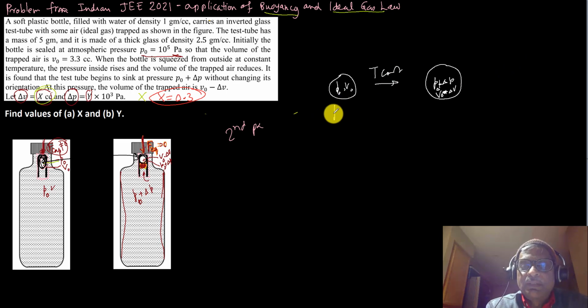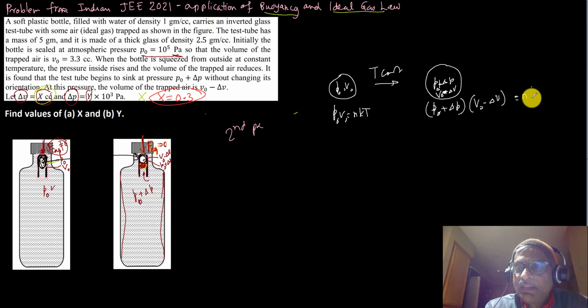So you know that P0 V0 equals NKT, and (P0 plus delta P)(V0 minus delta V) equals the same NKT for ideal gas. This is the same on both sides because temperature is the same, amount of gas is the same, and K is some constant.